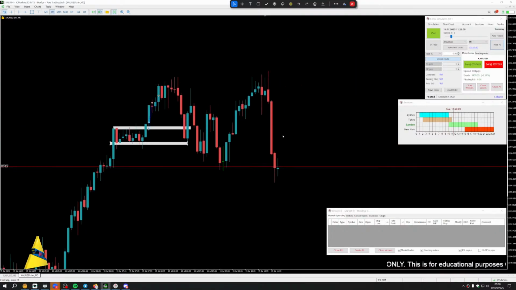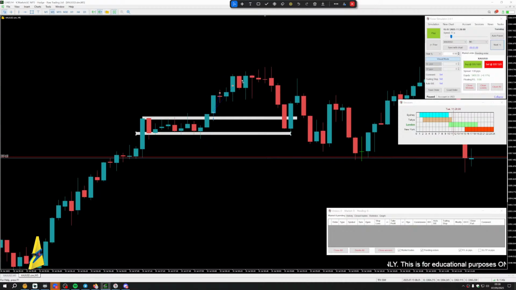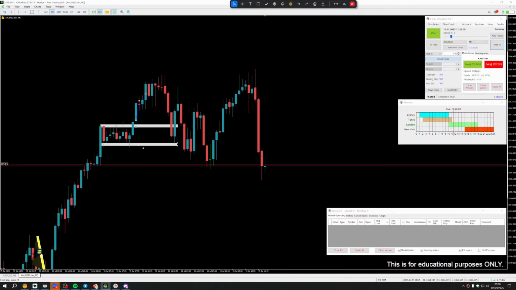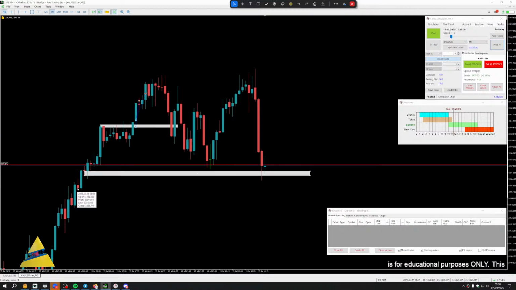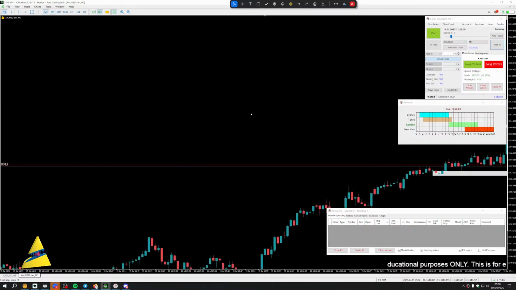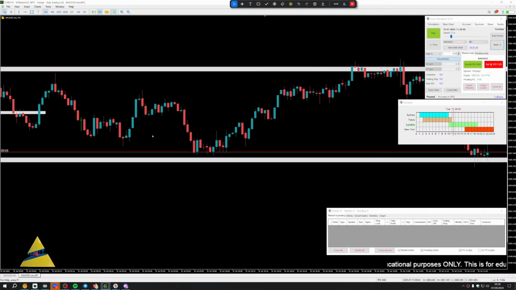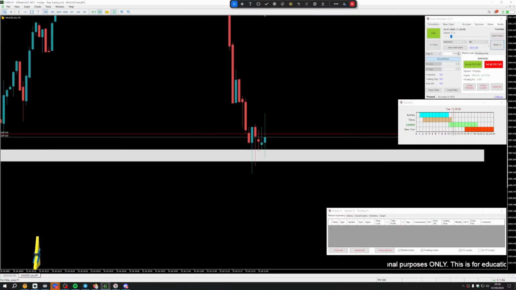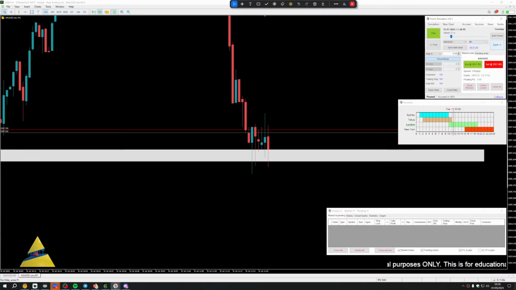I don't think there's anything too interesting here for me now. This is just consolidating. If you're taking a sell, there's a lot of support here on the left-hand side for a sell. You got resistance all the way up over here, and price is just moving sideways at this point. Maybe on the 1 minute time frame. Accumulation break.